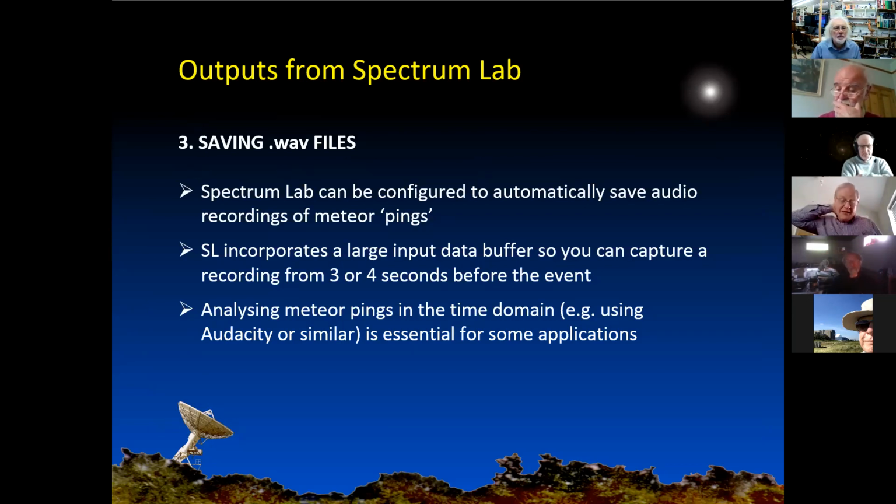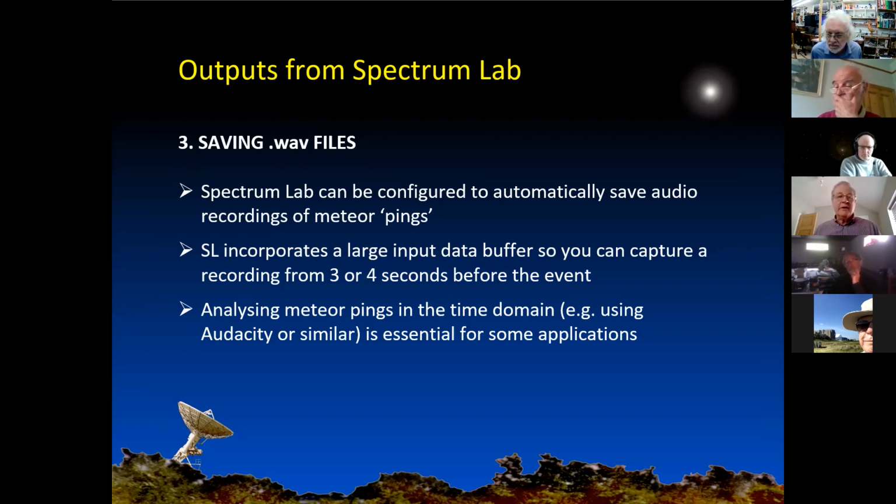The nice thing about Spectrum Lab is that in this case it's nice, though elsewhere it's a bit of a pain: there's a huge data buffer on the input to Spectrum Lab. But here, it means you can capture a recording from 3 or 4 seconds before the event actually hits the detector. So you can get your audio captures of the whole event rather than being driven off the actual trigger detection time.